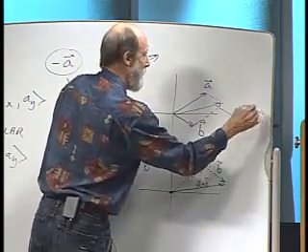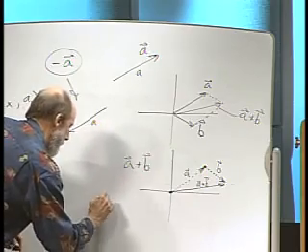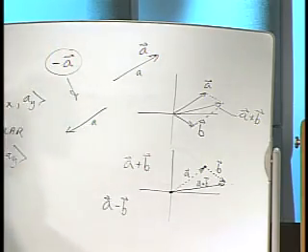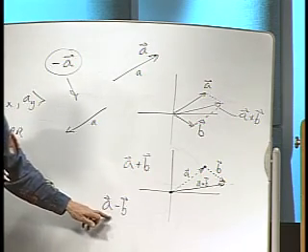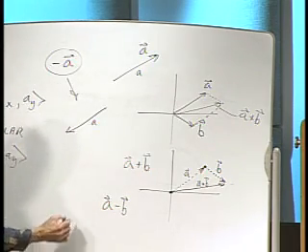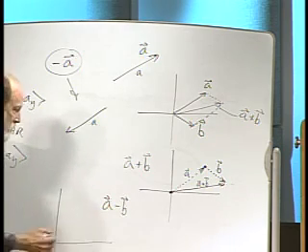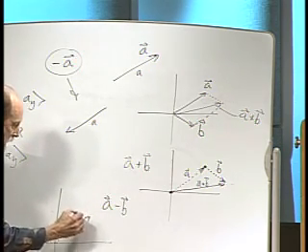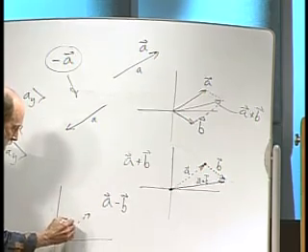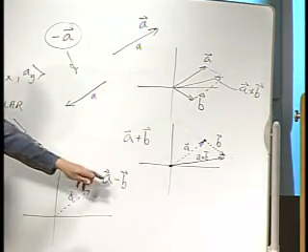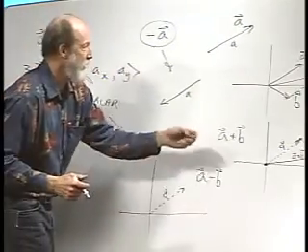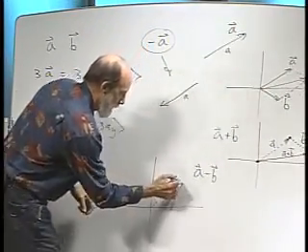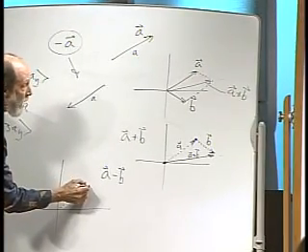What I'm interested in is what would happen if I asked for A minus B? How would you draw that? Positive A, negative B. You'd come out here, there's your vector A, and you're going to hook onto vector A the opposite of B. Well, B was pointing this way, so I need a vector that goes that way.